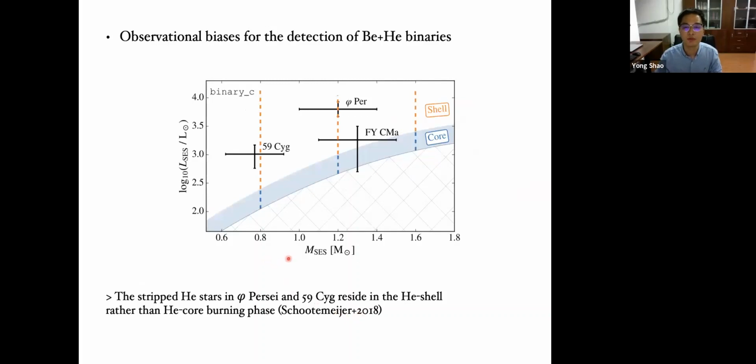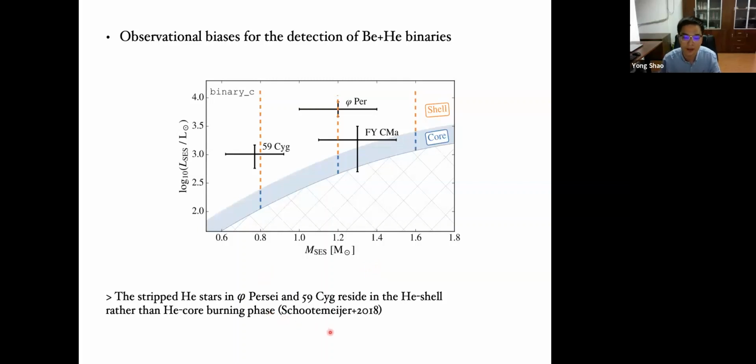Here we should also note that the detection of B plus hidden star binaries is subject to serious observational biases.